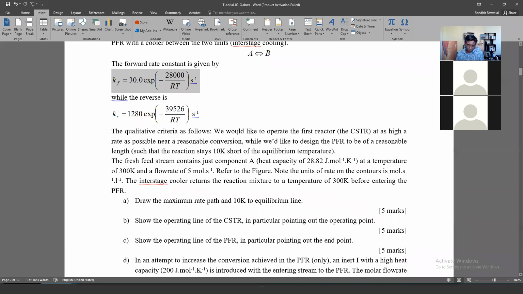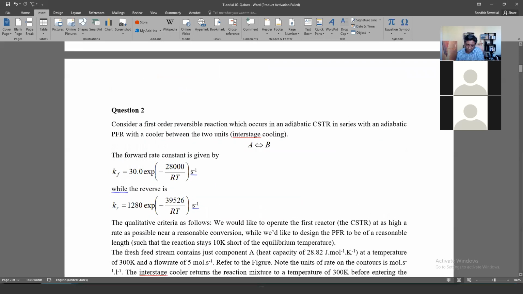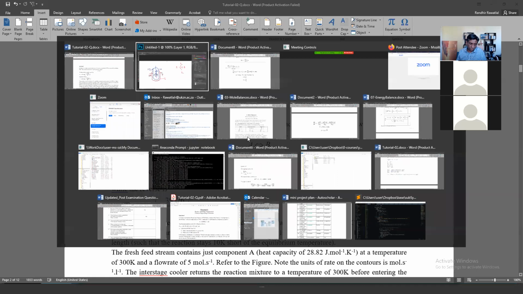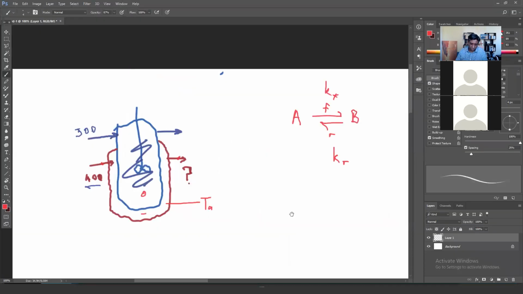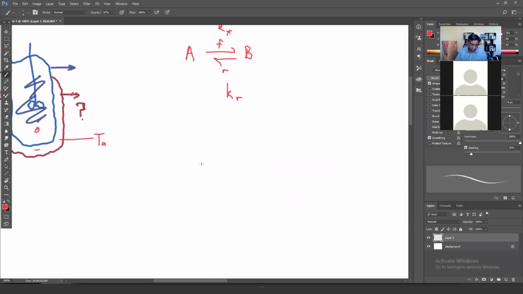And now we are told up here, we want to run this in a CSTR in series with a PFR with some cooling between the two. So a CSTR now in front of a PFR.